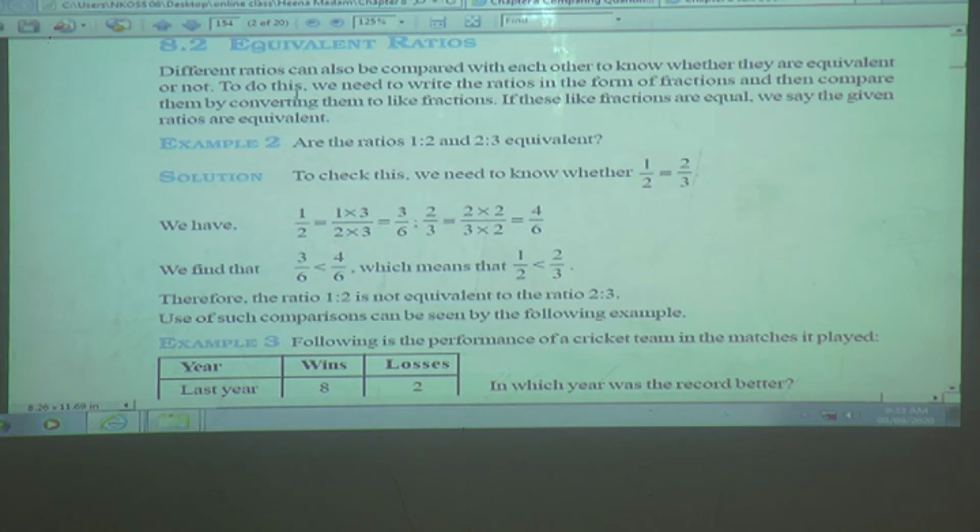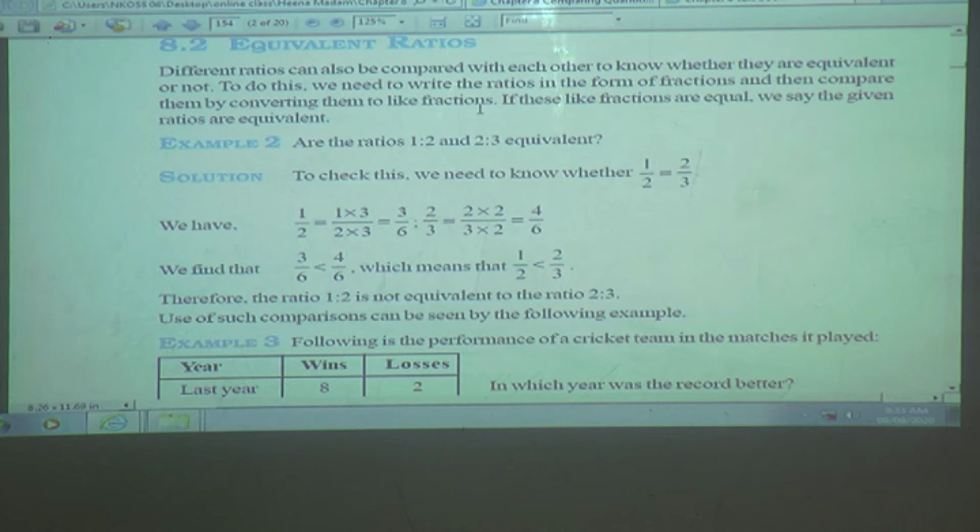Different ratios can also be compared with each other to know whether they are equivalent or not. To do this, we need to write the ratios in the form of a fraction and then compare them by converting them to like fractions.